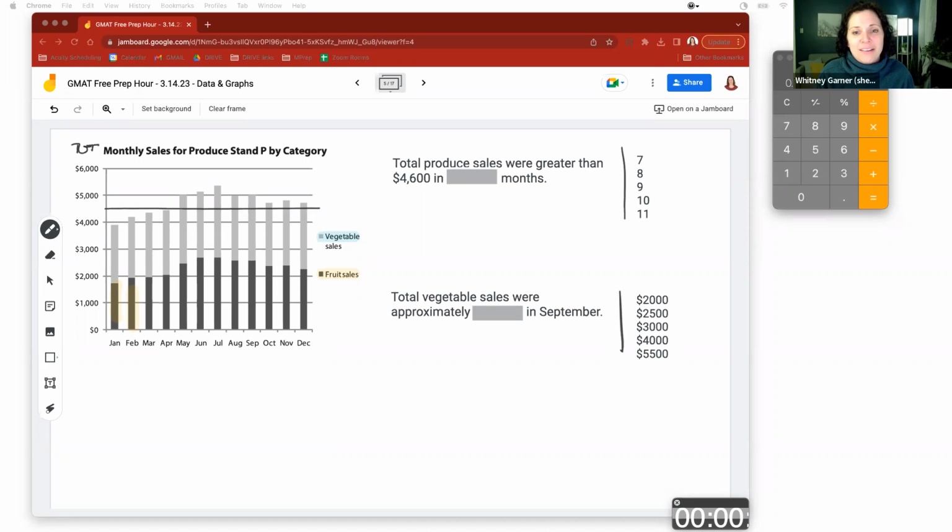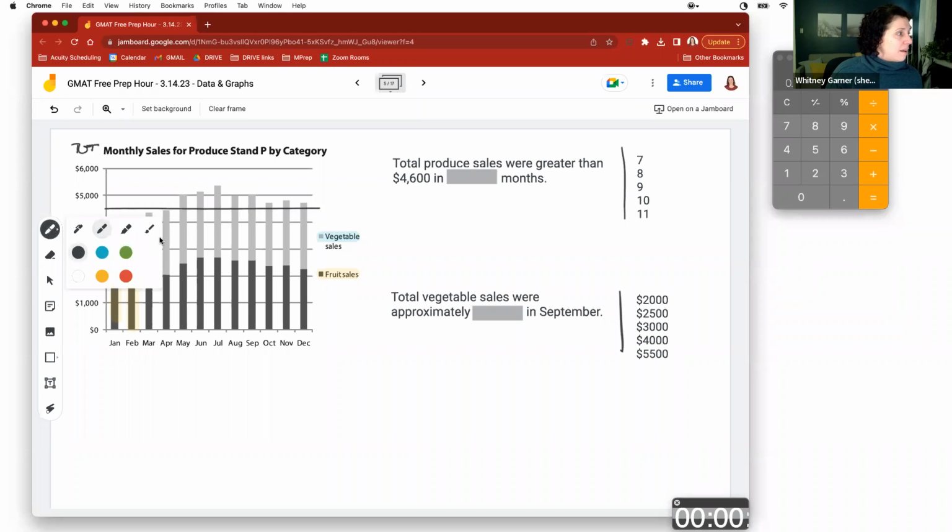I mean, they're not always our friend, but they're not entirely trying to mess with us. But what we can look at is, okay, with sales greater, any of the ones that have sales greater, these two little short ones appear to still be tall enough to be at that 46 or above. And so it's going to be all of these months.